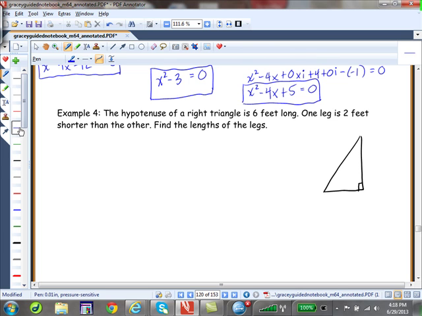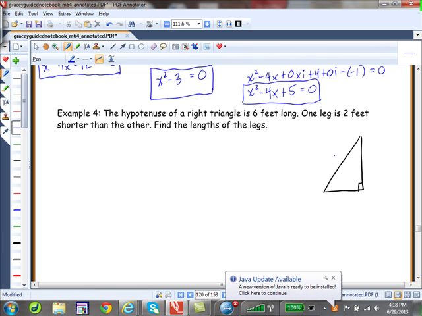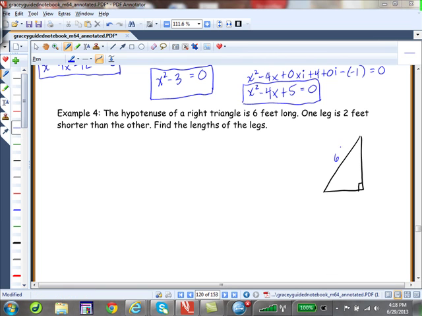We know that the hypotenuse is 6 feet. And why don't we let the measure of this leg be x feet, and this one would be x minus 2 feet since it's 2 feet shorter.